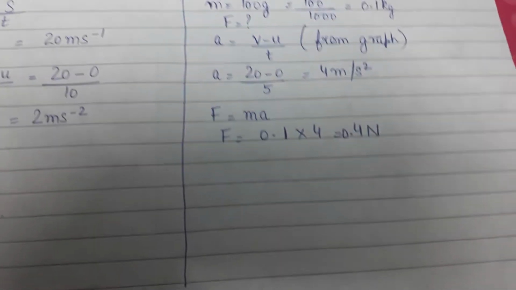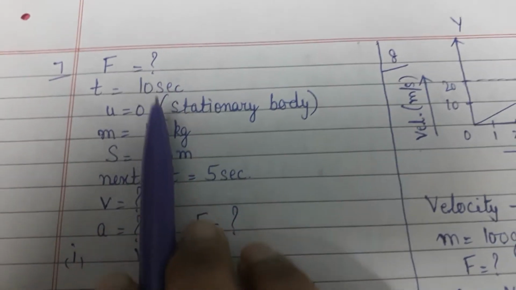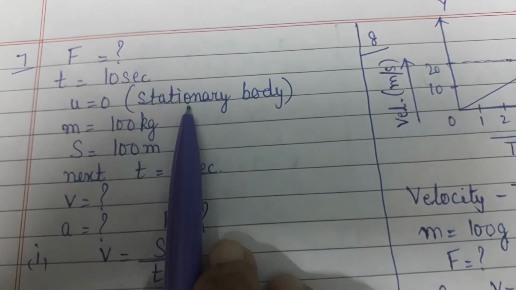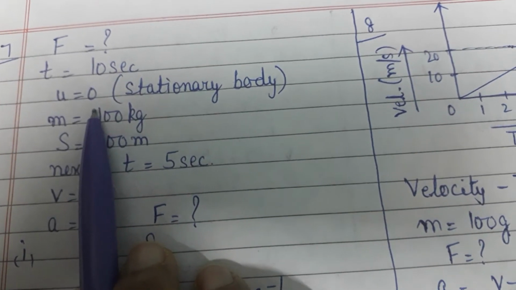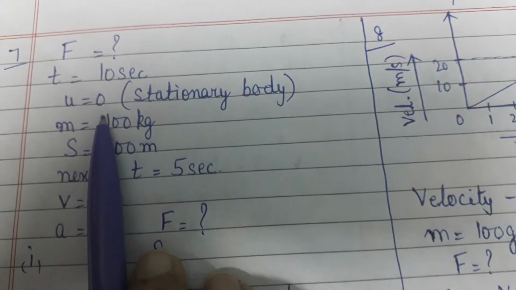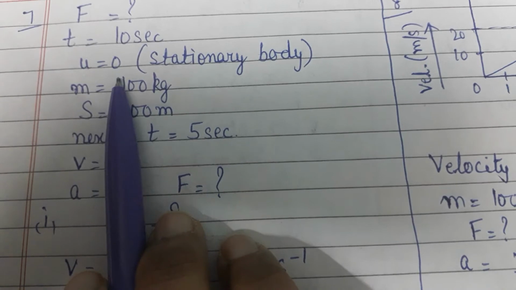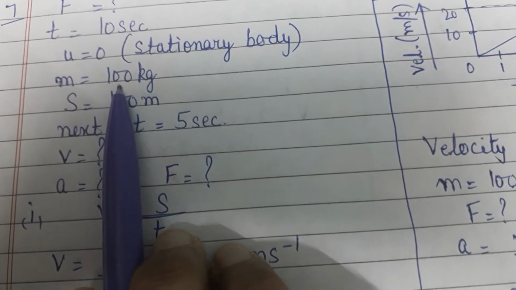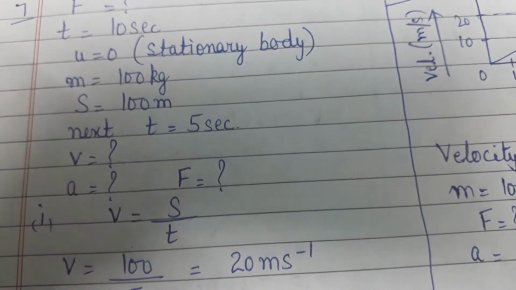Now we go to the seventh numerical problem. A force acts for 10 seconds. We don't know what force. It is acting for 10 seconds on a stationary body. When a body is stationary, children, the value of u will be 0. Now it is acting on a stationary body, and the mass of the body is given to be 100 kg, and then the force ceases to act, right?